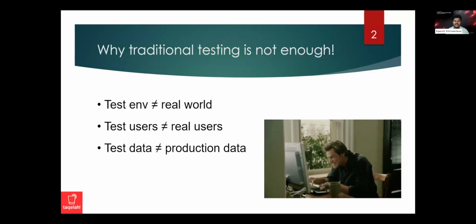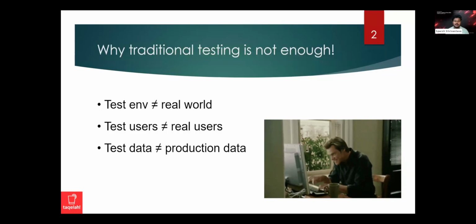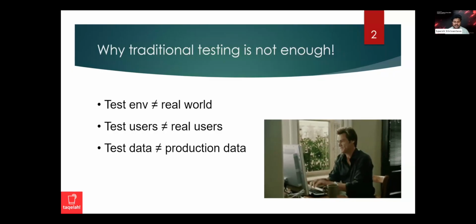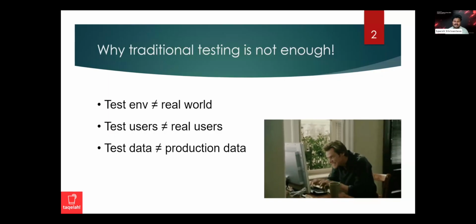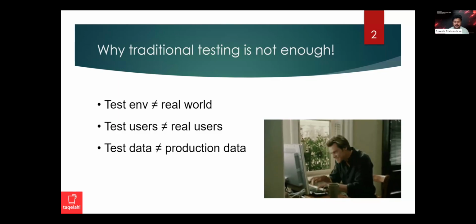Production data is also one important thing which we miss while testing because we cannot use that, right? Sometimes the domain, like the email domain, is not the same as on production. What we do is we alter something, we mask that data and then test it. But when it comes to production, it behaves differently.